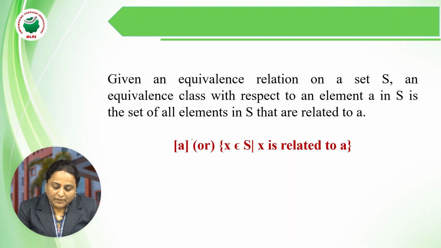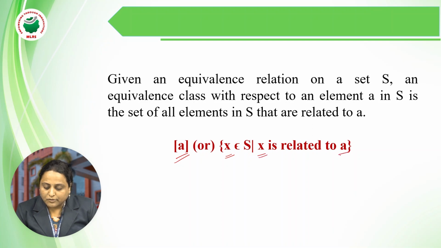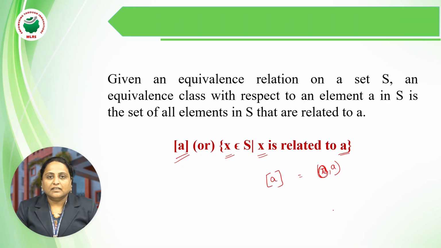The equivalence class is represented in this format: for an element A that belongs to the given set capital S, you are going to check what are all the elements that relate with A. That is, if I am going to find the equivalence class of a particular element A, then I need to verify the ordered pairs which are in the form of X comma A. So whatever elements are present in the place of X, they are equivalent to this particular A.